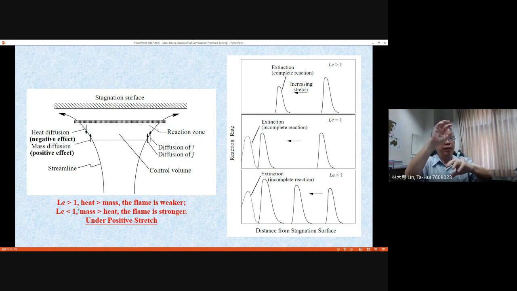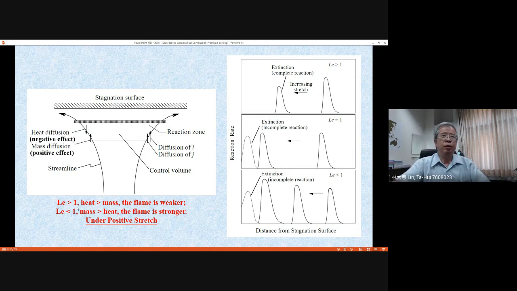But the positive effect is in the denominator, which means that now the heat diffusion effect is much stronger. The negative effect is stronger than the positive effect. Now the flame is weak. Okay, now the flame is weaker compared with the Lewis number equal to 1 condition.